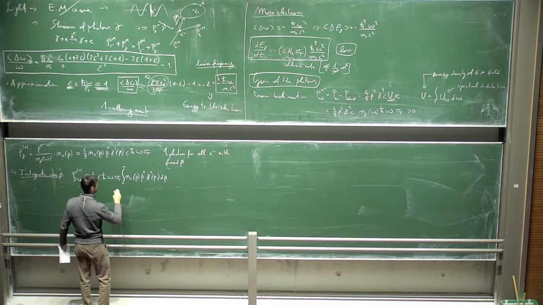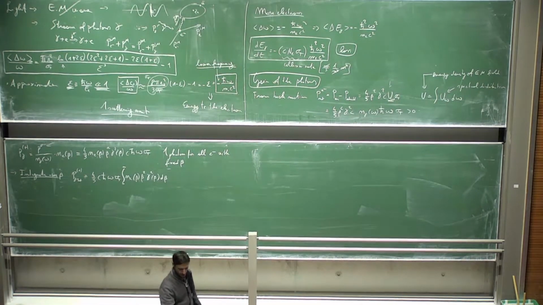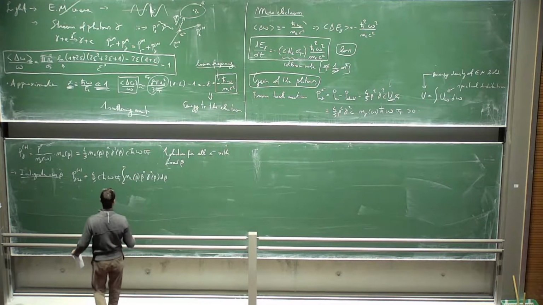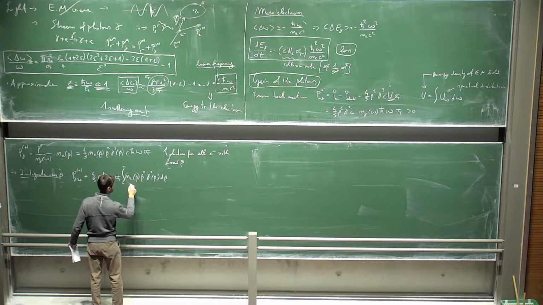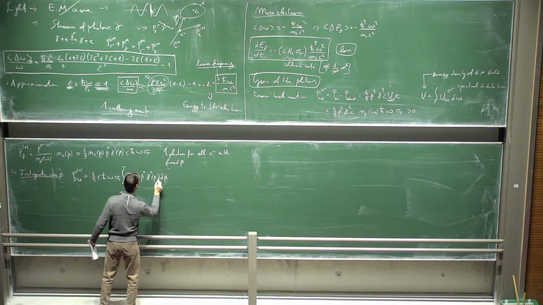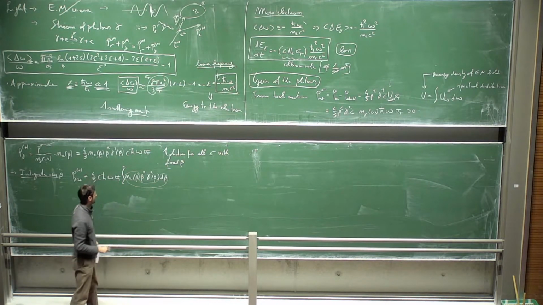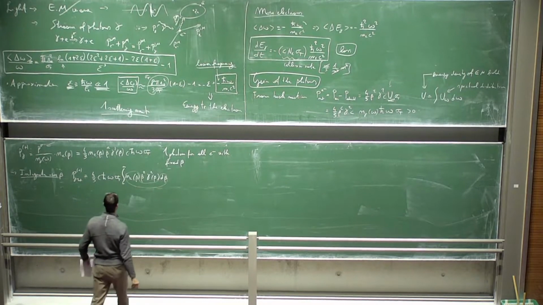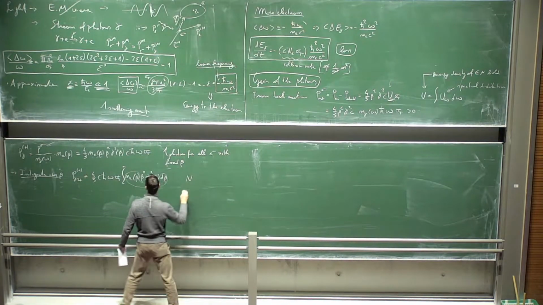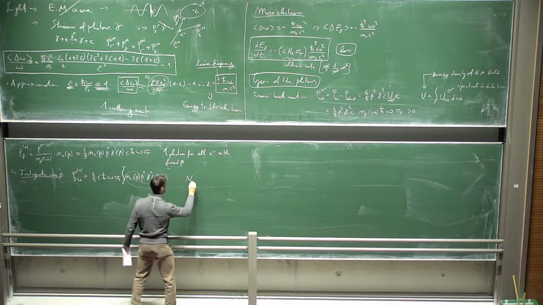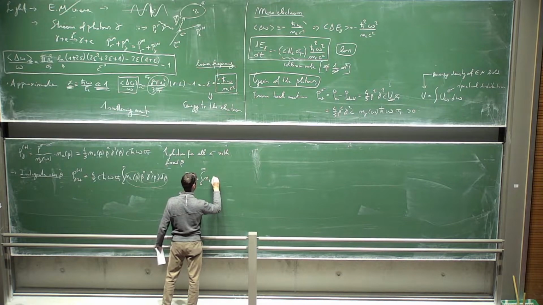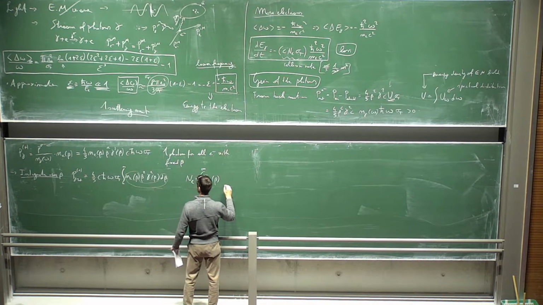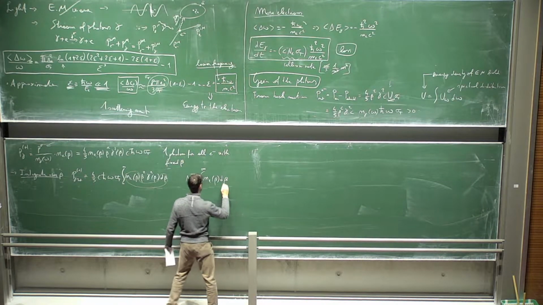Now what I can observe is that if I take this integral here, this is actually the total number of electrons. NE is equal to the integral between 0 and infinity of NE of beta, d beta, right?